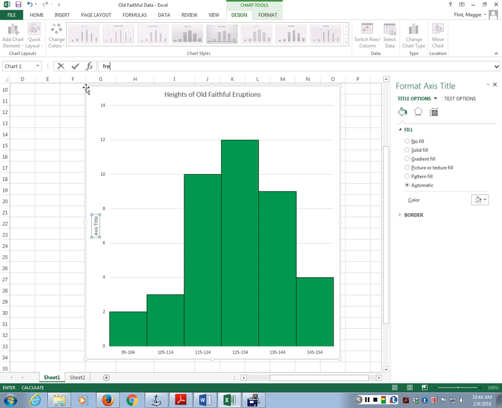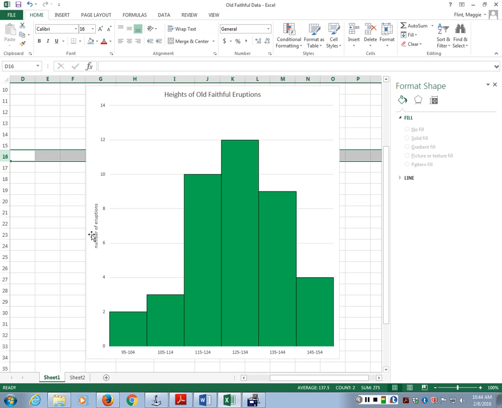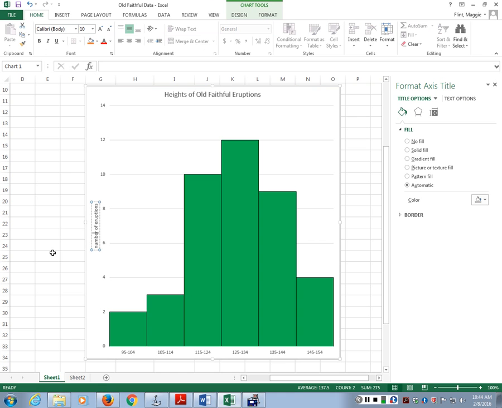In fact, I'm not going to, I'll be more descriptive than that. Number of eruptions. And it changes the title of that axis to what I told it to. I can make that bigger by going up here to where the font size is and tell it I would rather that be 16 so that I can read it better.